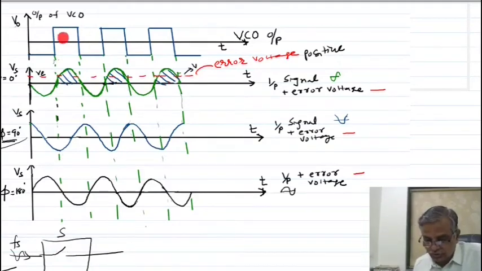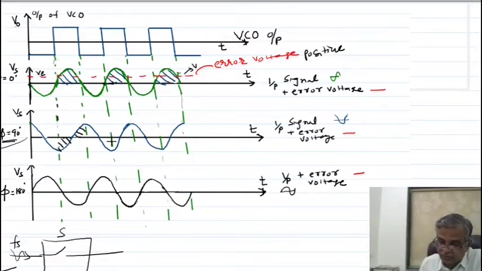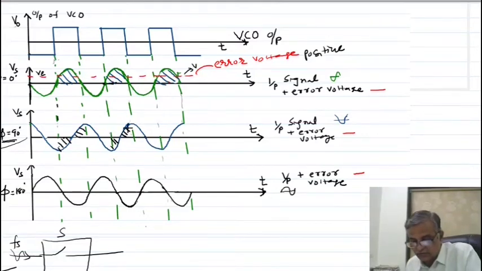So during this positive half the switch is closed, and only this much portion of the input signal will be passed through the switch.